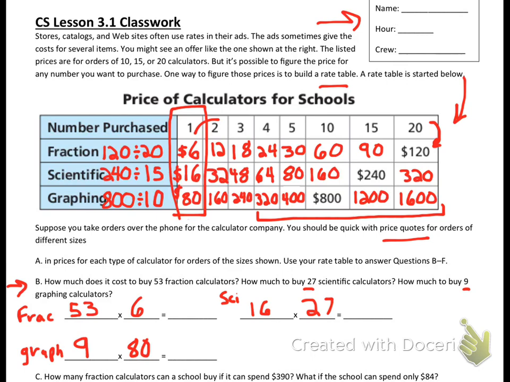Let's check our work. 53 times 6 gives me $318. Crazy! Then I do 16 times $27. Gives me $432.